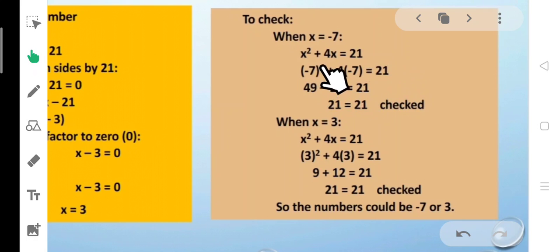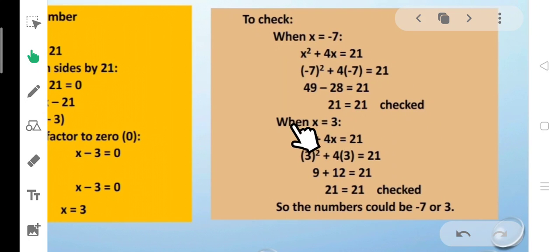Negative 7 times negative 7 is 49. Then 4 times negative 7 is negative 28. Then 49 minus 28 is equal to 21. So the equation is balanced. 21 is equal to 21. Let's check. Meaning, the x or the number could be negative 7.